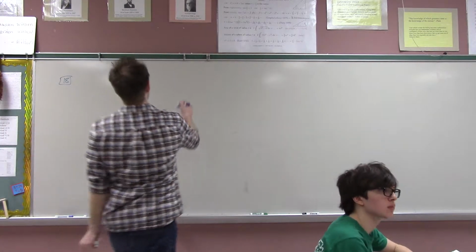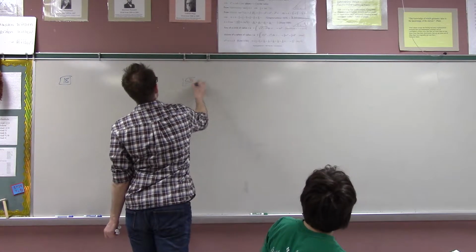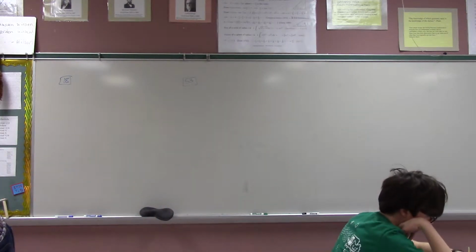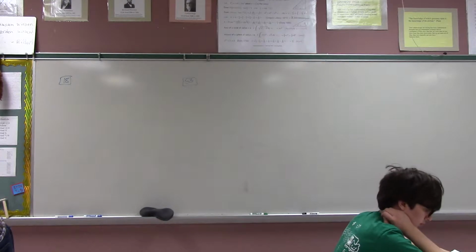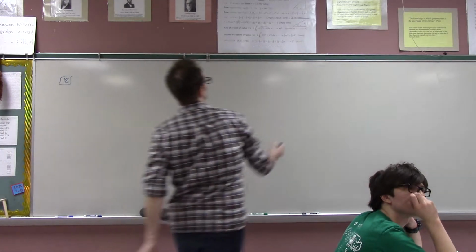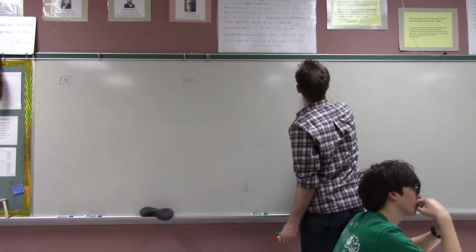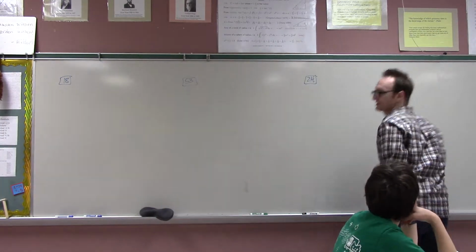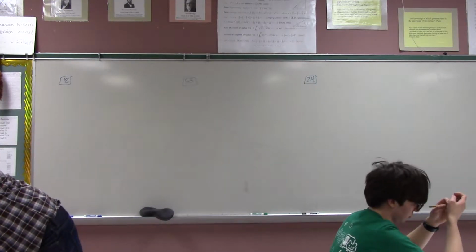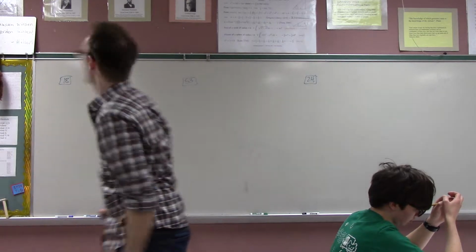Let's do 18. Let's do 53. I don't know. 37, 24, sure. What did I just say? 37? No, 30. What was that one with all those E's? Was that 37? Yeah, 37, 77.